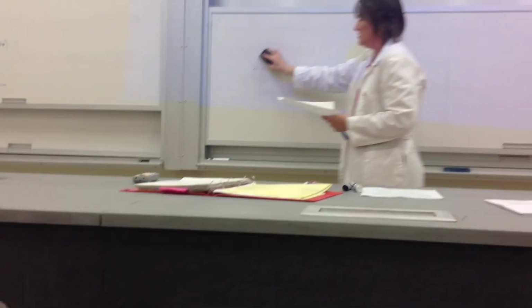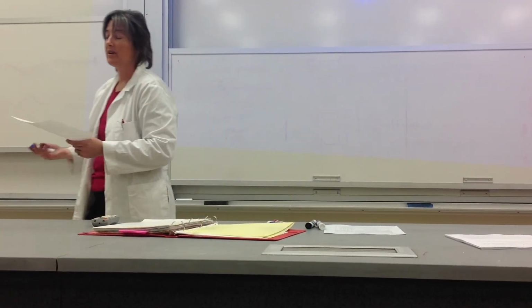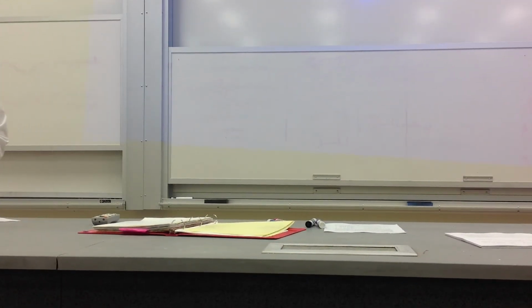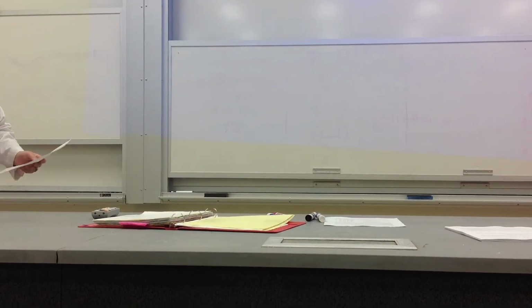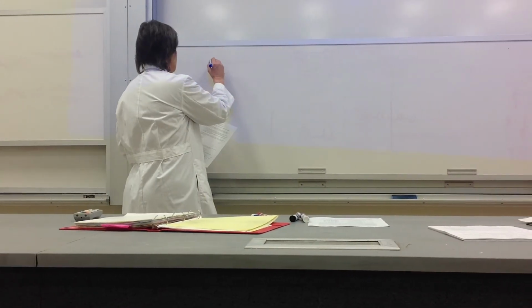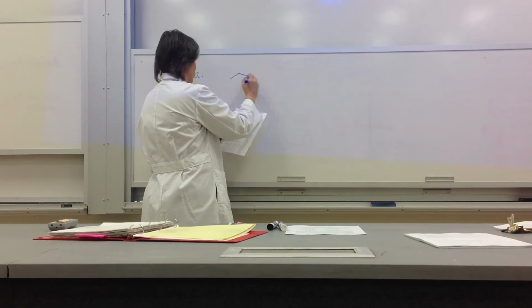Number 4, we're going to apply this to some examples that are a little more complicated with substituents on them. And we'll just walk through 4A, to give you an idea of what I'm looking for.